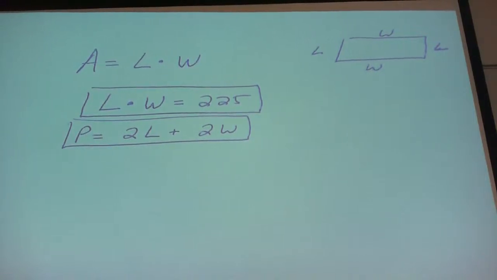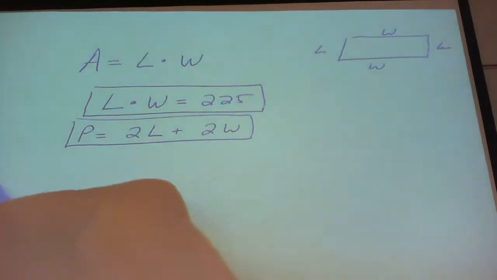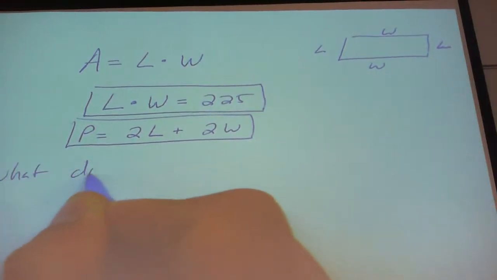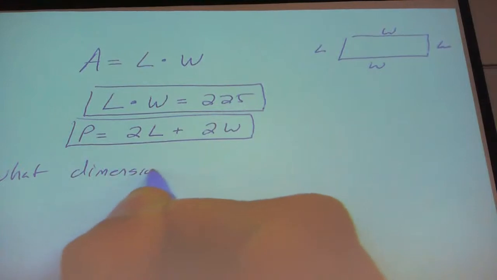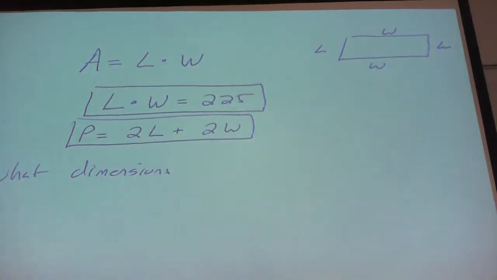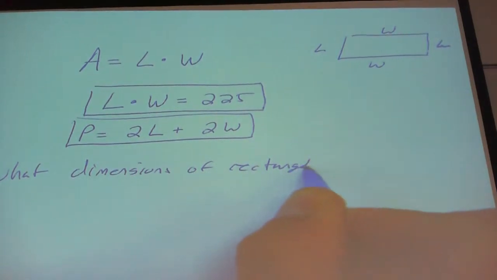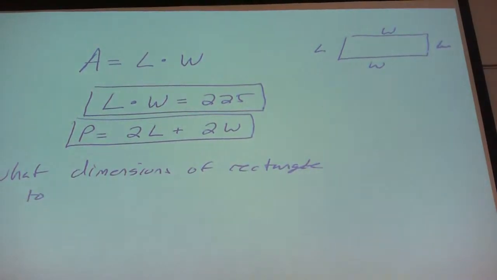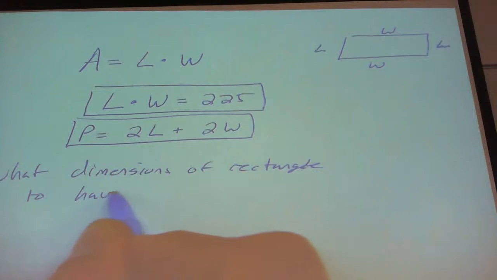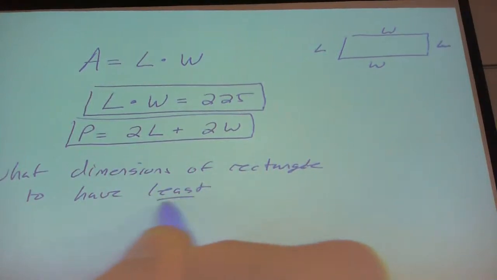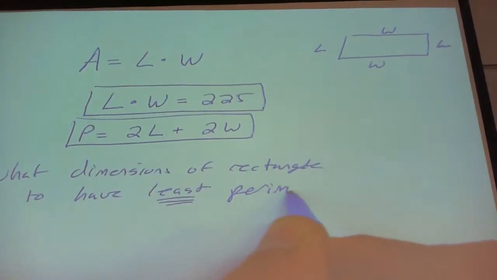And the problem said, what dimensions, length and width, of the rectangle have the least perimeter?